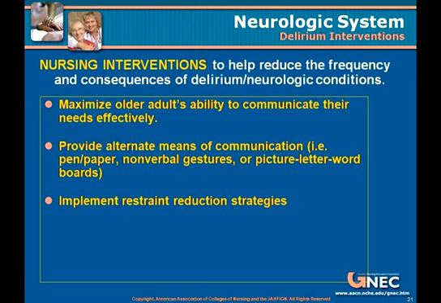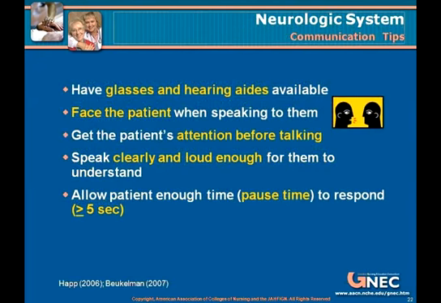That is pen and paper, having the nurse use gesture, as well as encouraging patients to use gesture to communicate, and having access to picture, letter, or word boards. We promote having glasses and hearing aids available for patients, marking them clearly, and not sending them home with family, as people have done in the past.